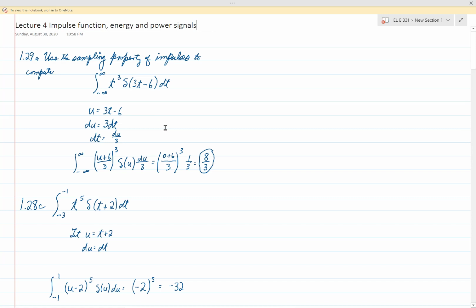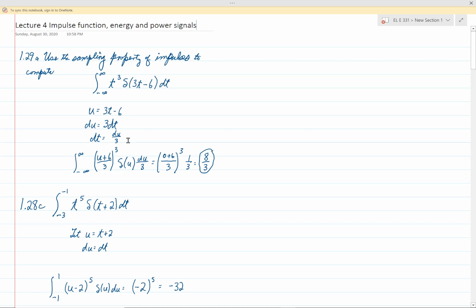So what we will do in order to evaluate this integral is we will introduce a new parameter u, which is equal to 3t minus 6. Well, if u is equal to 3t minus 6, then we can take the differential of both sides, and we get du is equal to 3 dt, which of course means that dt is equal to du over 3.